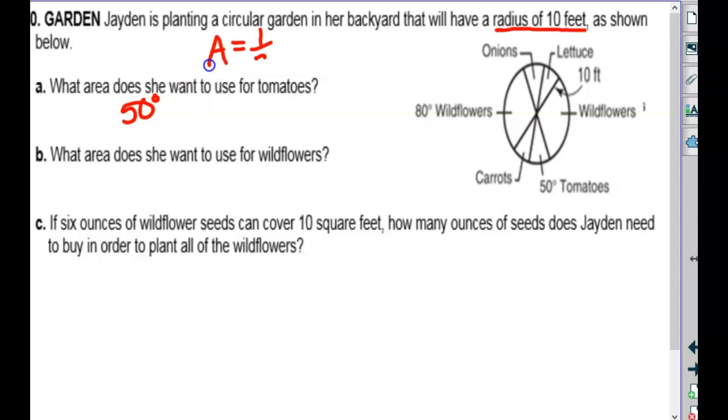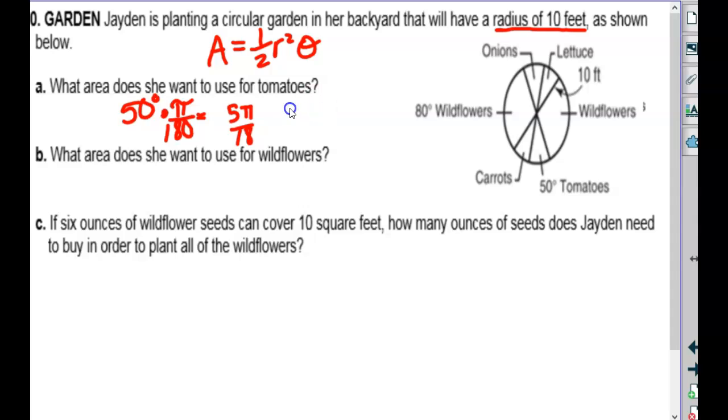A equals 1/2 r squared theta is the formula. But I can't use degrees, I have to make it radians. So what do we have to do? Yeah, pi over 180, which would just be 5 pi over 18, or you could give me a decimal, it doesn't matter. But we're going to plug it in up here.